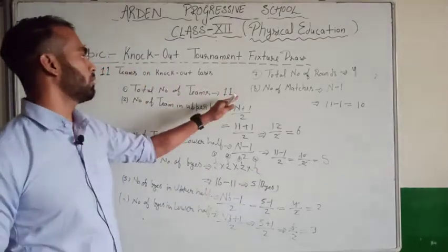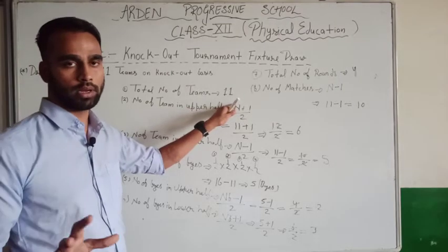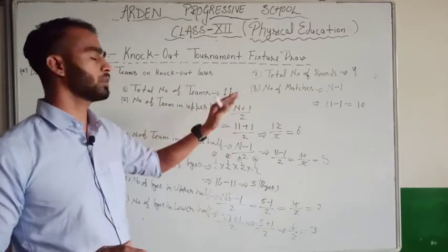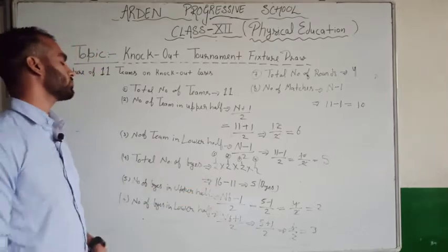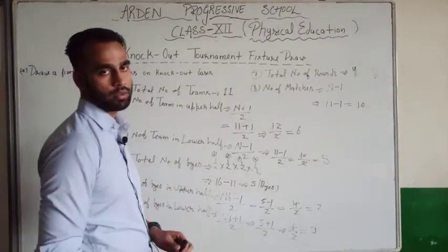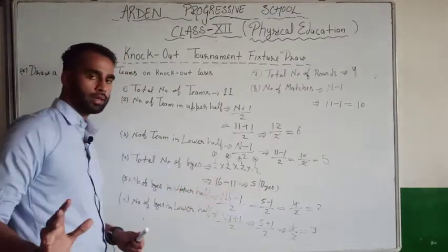What comes next above 11 as a power of 2 is 16. So 16 minus 11, and the total number of byes is 5.